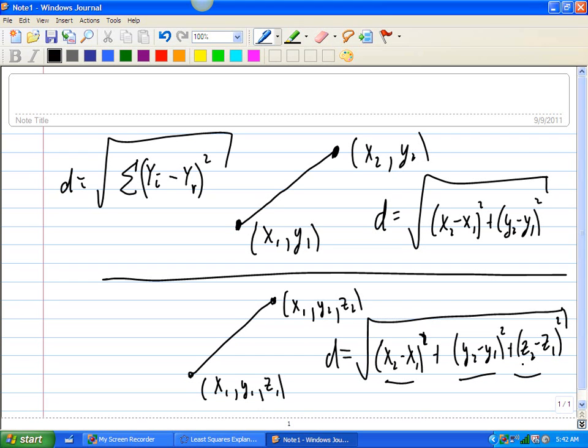With my points big Y and big YR. And if I want to minimize this distance, I'm really just minimizing this thing right here. So out of the distance formula comes the sum of the squares of the residuals.